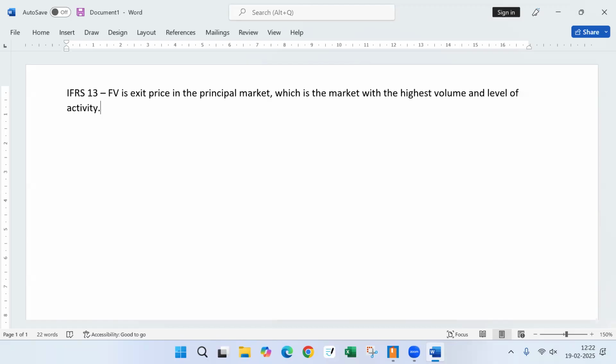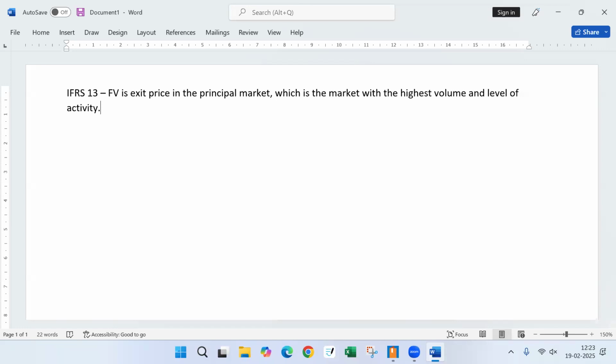The principal market and the market in which the entity operates might be different. You understand? Let's say I am situated in Tamil Nadu and I'm manufacturing banana chips from Tamil Nadu. For me, my reporting market is Tamil Nadu because I'm situated there.